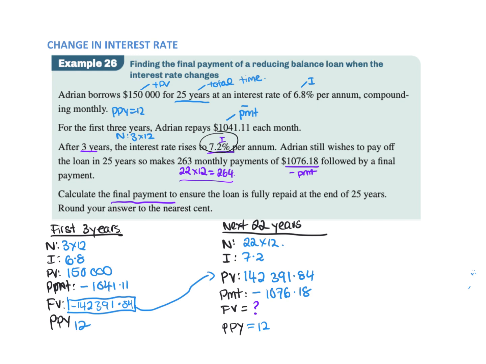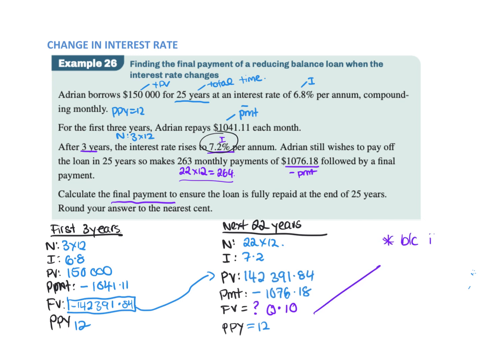So let's go do that on the calculator and see what that final value is. If we pop that into Finance Solver, we end up with this number here. If I round this number, it's going to be 0.10, 10 cents.